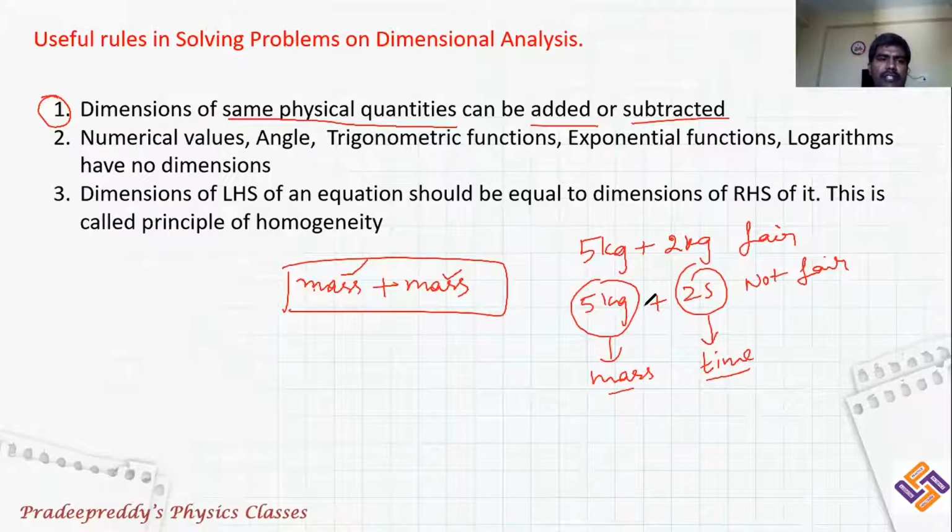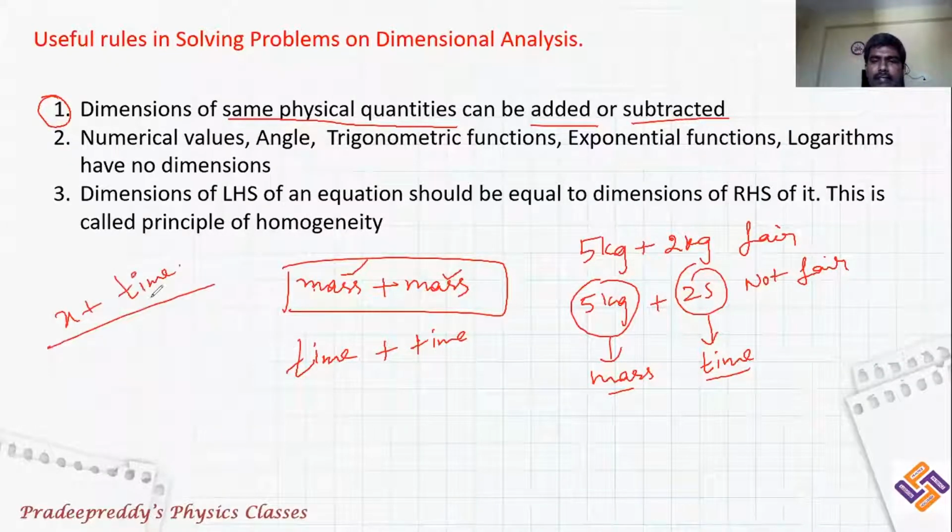Okay. So first thing is, you can add or subtract dimensions of the same physical quantity. Mass can be added to mass. Time can be added to time. Like, for example, you have x plus time. We have an equation like this, x plus time. So here it is time. What does this x mean? x is also time. Okay. A minus length.